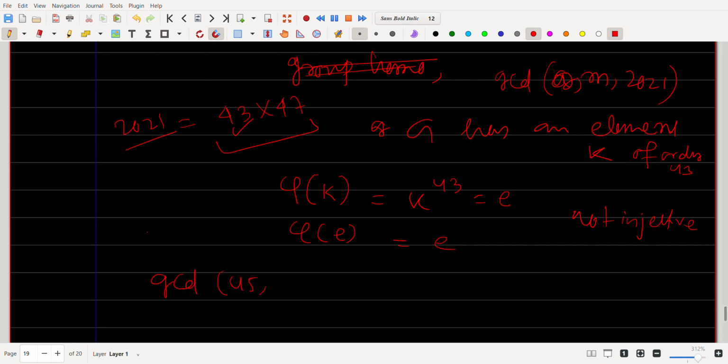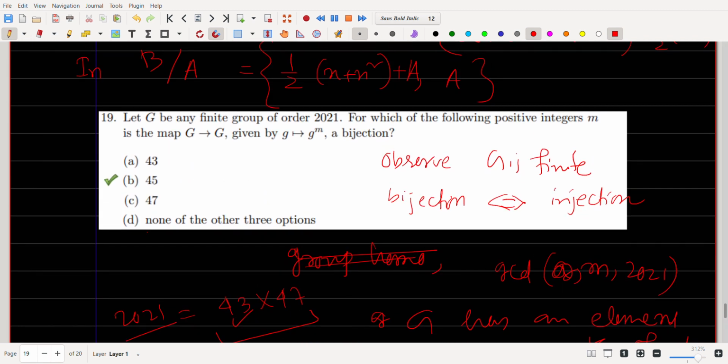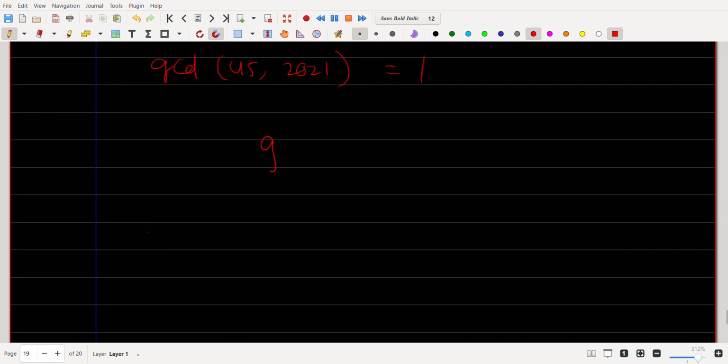Similarly true for 47 also. But for 45, the GCD of 45 and 2021 is 1. So that's why it is an injective map, right? This is an injective map. So this gives you a bijection.